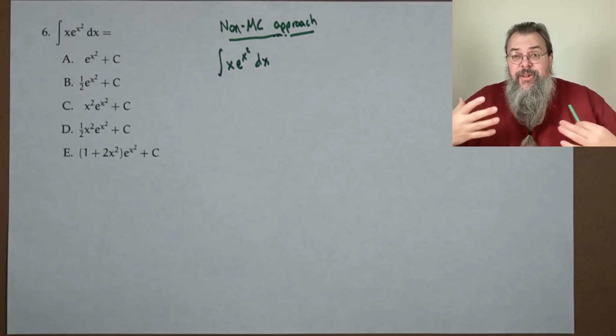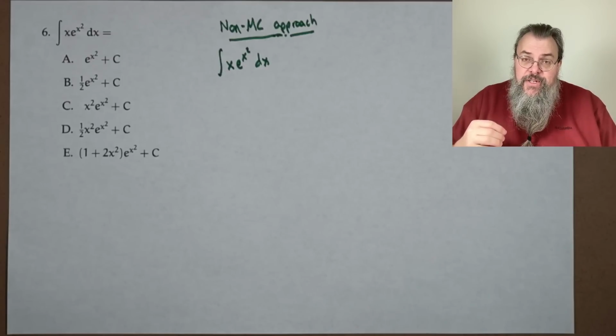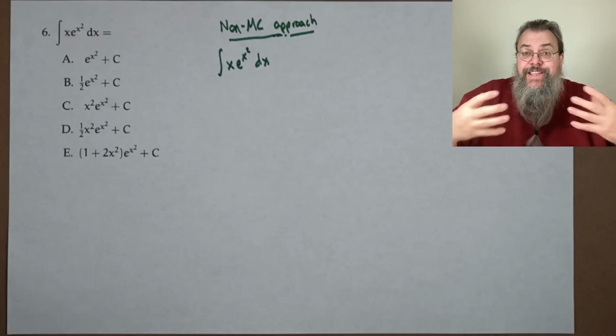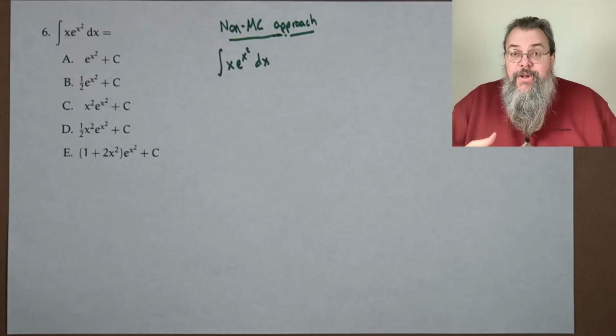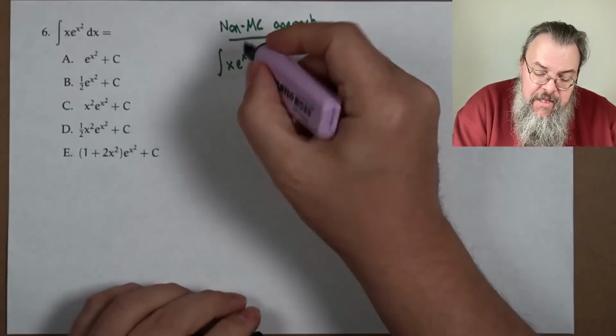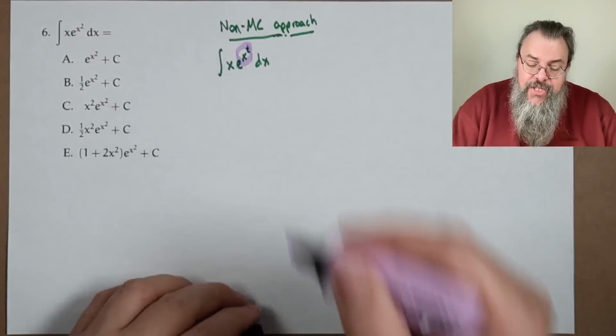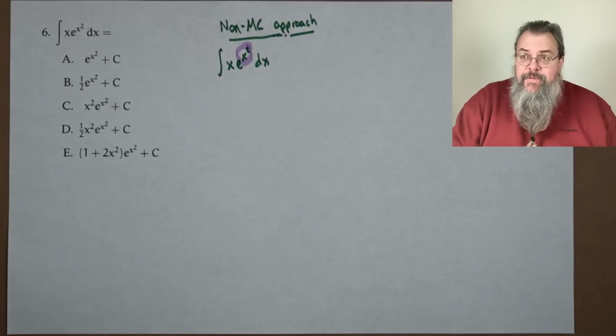That leaves us with the only hope we have being substitution. Now, when we talk substitution, we often think substitution is an inside job. We're looking for a function inside a function. Well, there's a really good candidate for that here. Namely, the x squared, that's a function inside a function, x squared inside the exponential function.